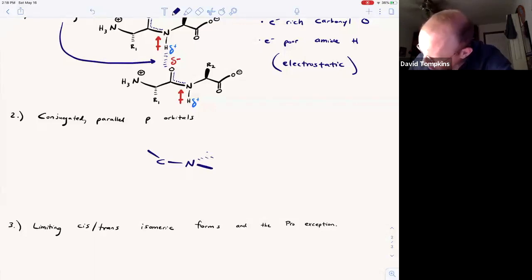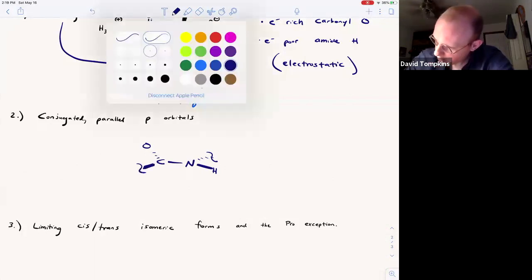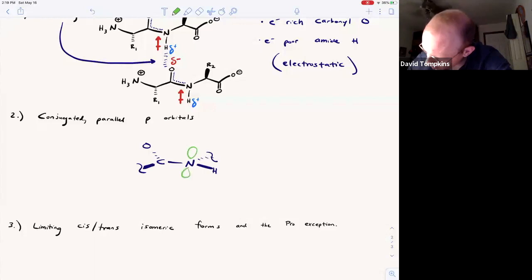And the reason they must be coplanar is so that p orbitals can be parallel, where the nitrogen has a p orbital, which we show as a lone pair, and it can interact with the simultaneously parallel p orbitals of C and O.